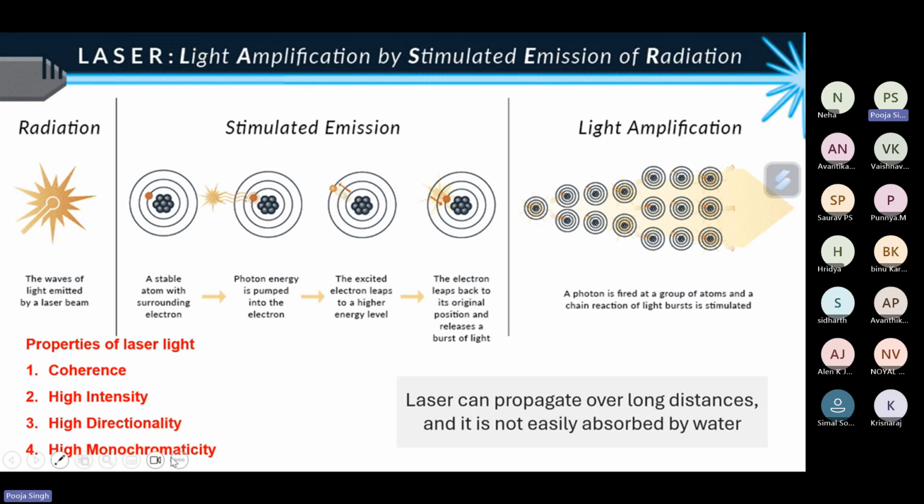And high monochromaticity. Monochromaticity means a single wavelength of light, because it is coming from a single crystal, such as a ruby crystal or neodymium crystal. So only one wavelength of light will be emitted from the laser source. That's why we call it monochromaticity.